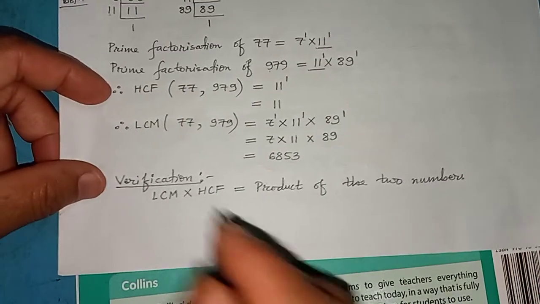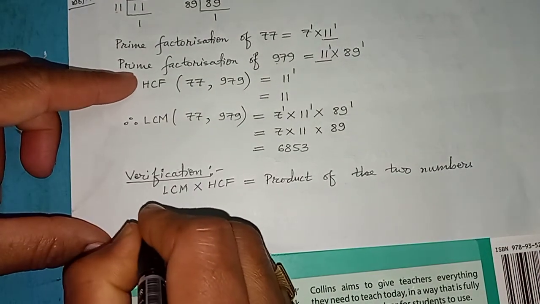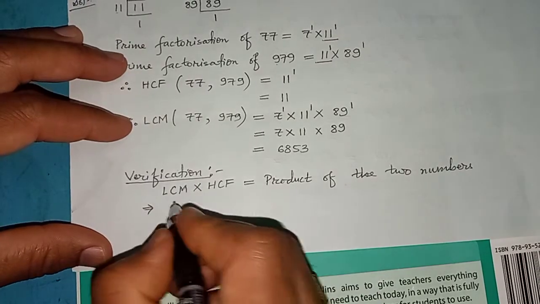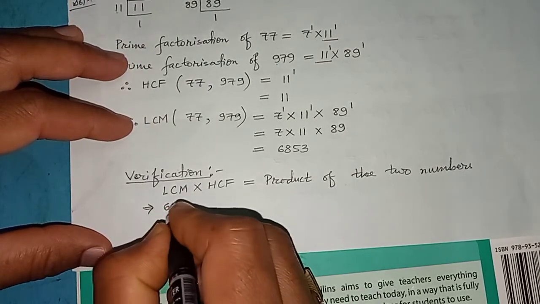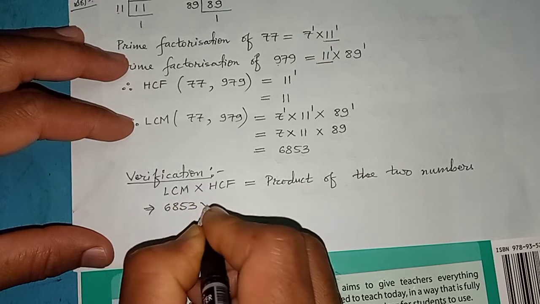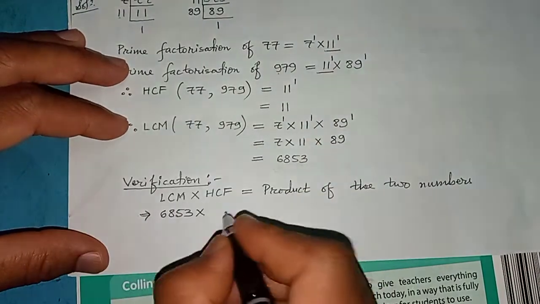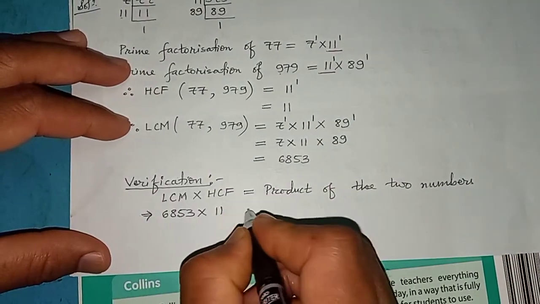So now we'll put the values. LCM is 6853 into HCF we got, 11. So LCM we got, HCF we got, so put the values, whatever answer you got.